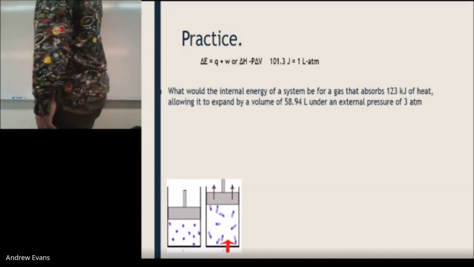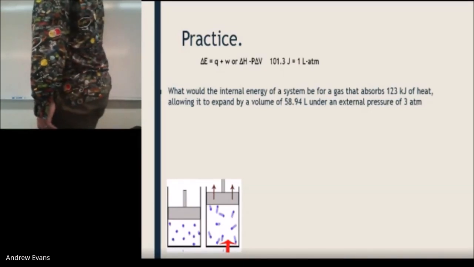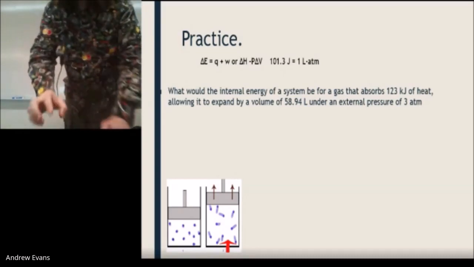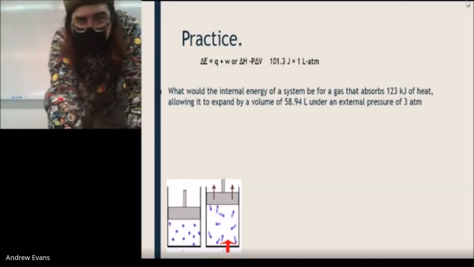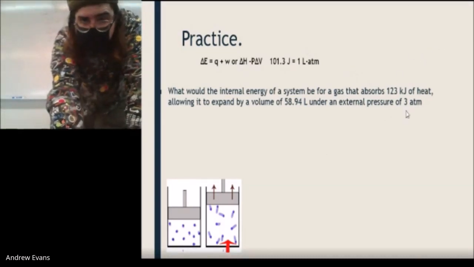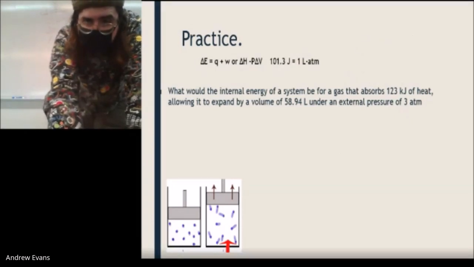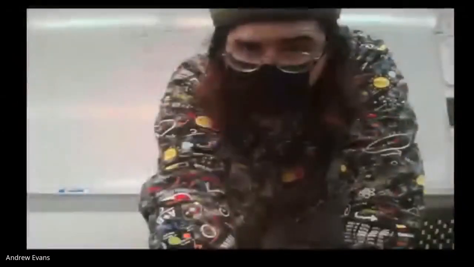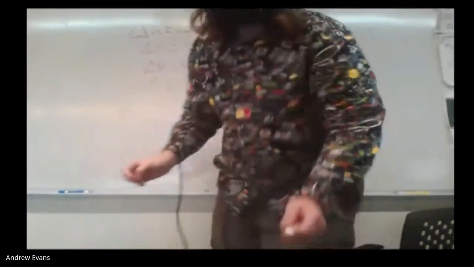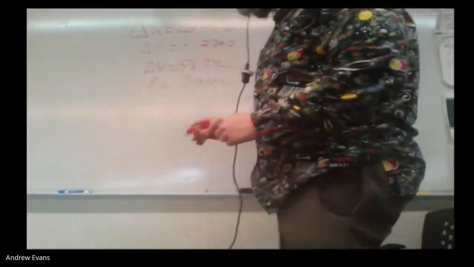Now, the reason I'm showing you this, despite the fact that I know I'm not going to test over it, is because it's a good test of understanding units and how we deal with units.